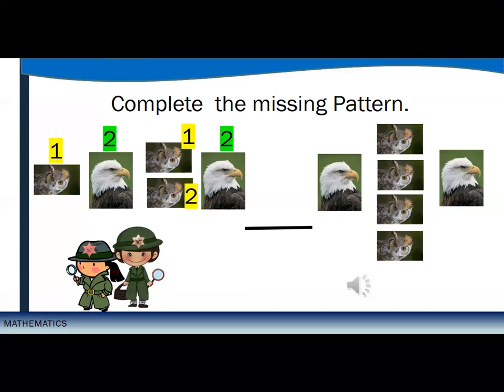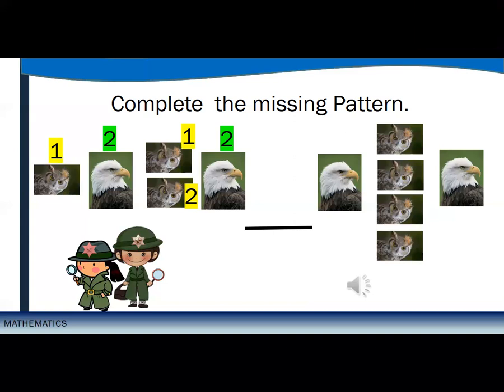Now, based on the pattern so far, boys and girls, what should come next? Awesome. We know that owls should come next, but how many? We will come back to the missing part of the pattern.